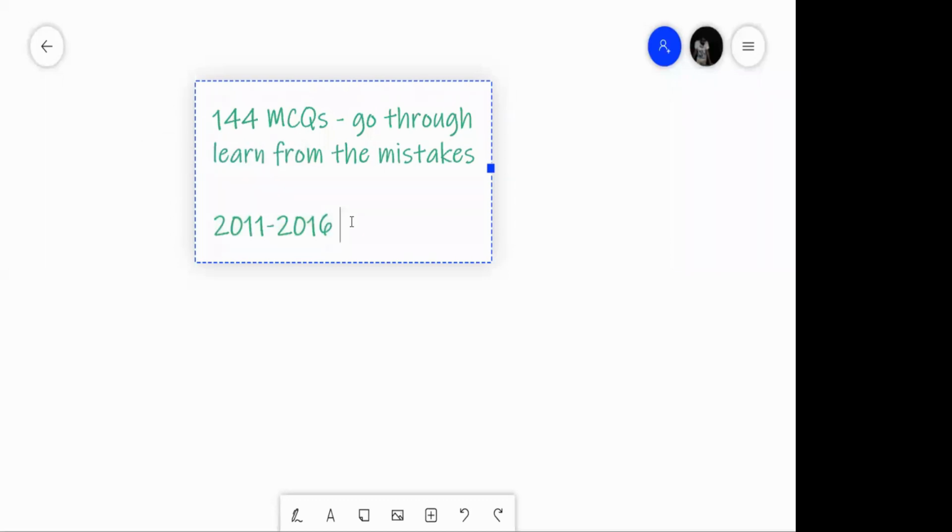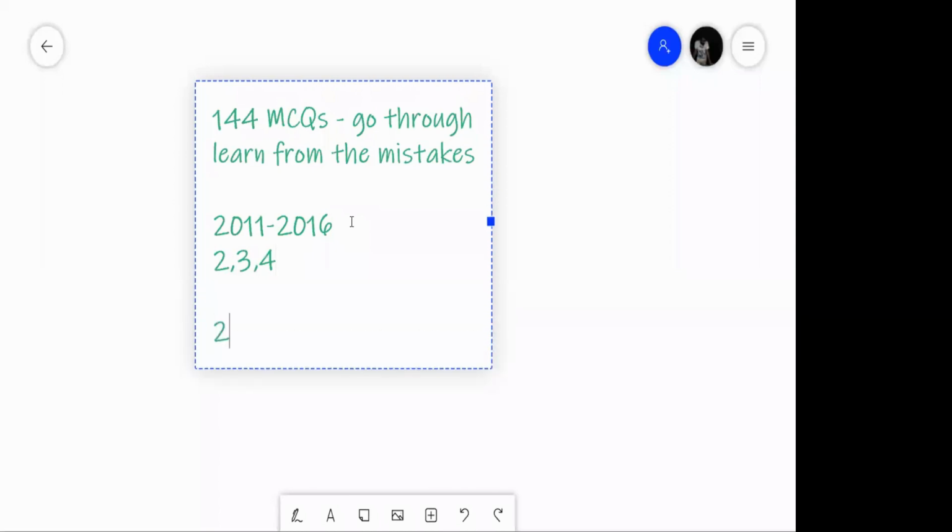For 2011, try to do the part 2 questions. Remember, part 2 questions will mostly be question number 2, sometimes question number 3, sometimes question number 4.